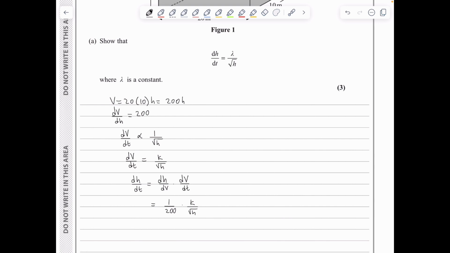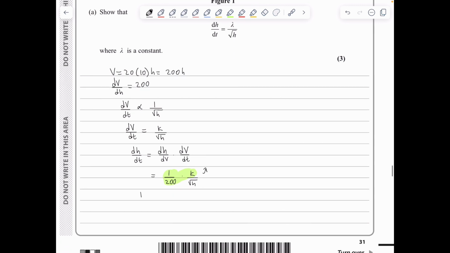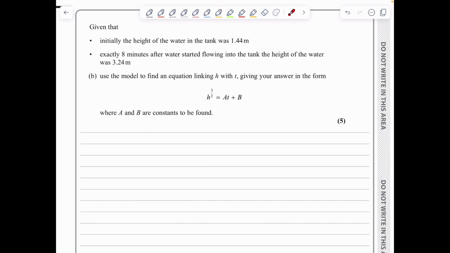Now k over 200 is simply another constant. I will call this lambda, and therefore we conclude that dh/dt is equal to the constant lambda over root h as required.